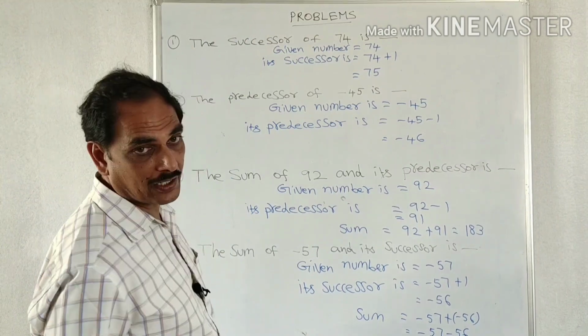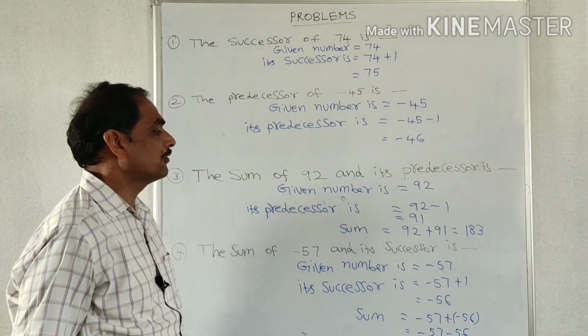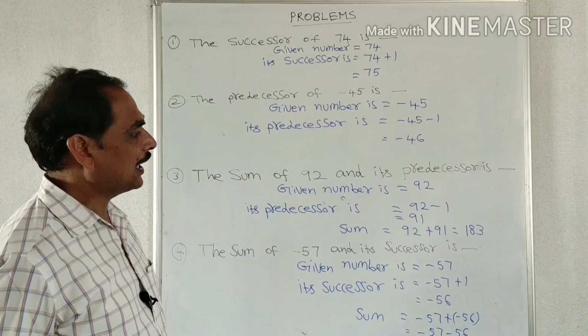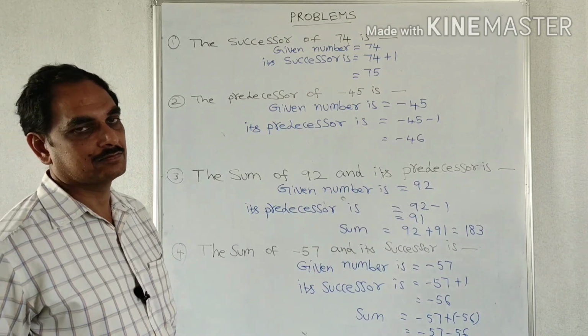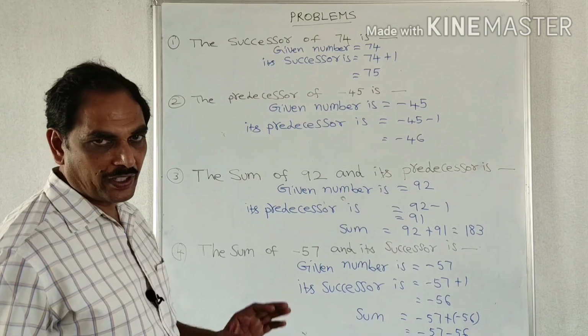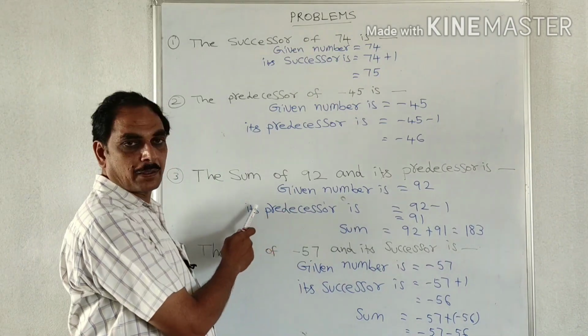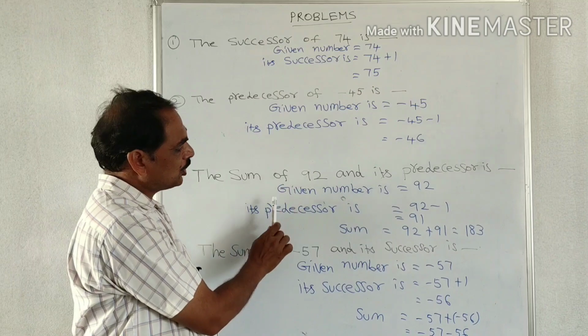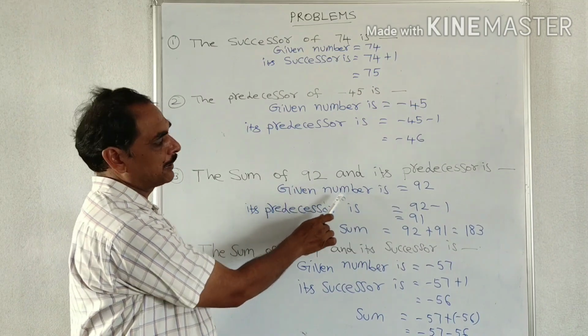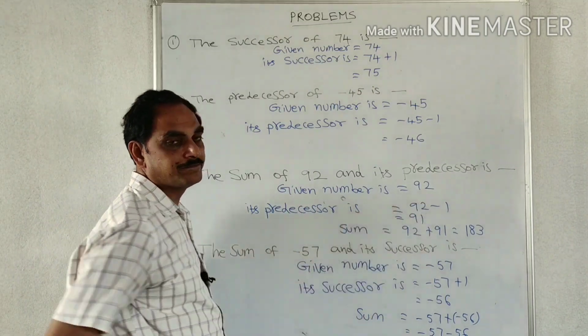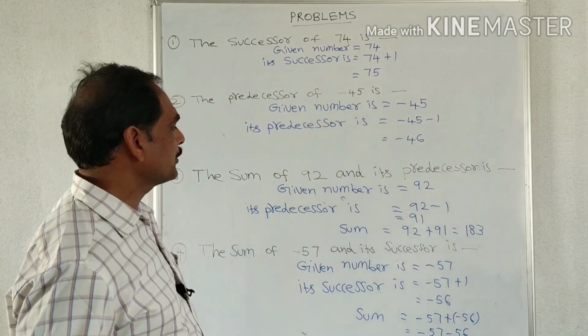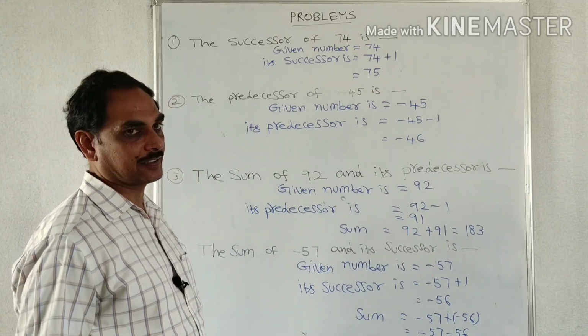Next, the third problem: the sum of 92 and its predecessor. First we write the given number. What is the given number in the problem? 92. We are going to find its predecessor.